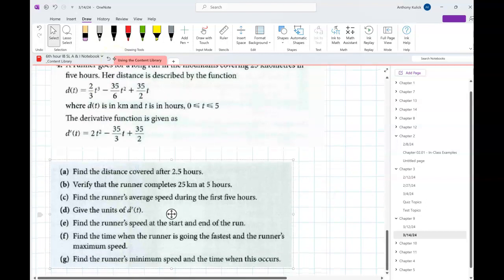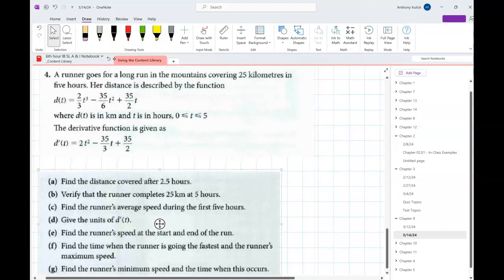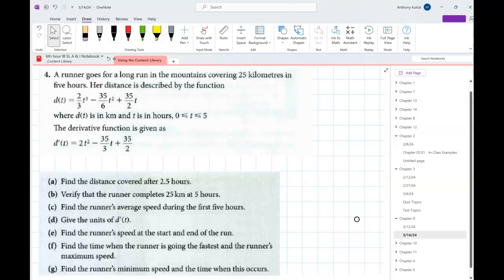How am I going to calculate that? Which function do I want to use, d or d prime?